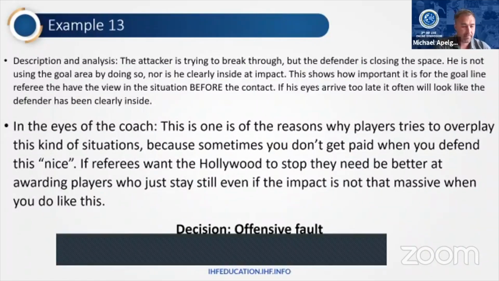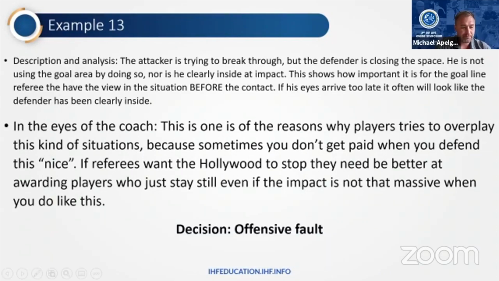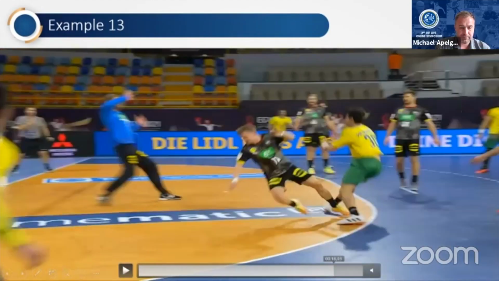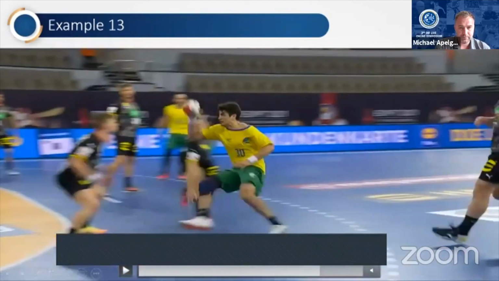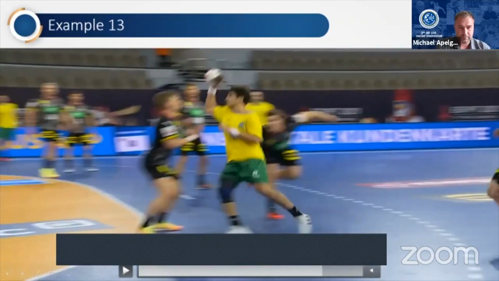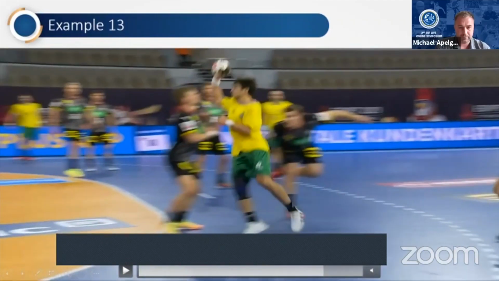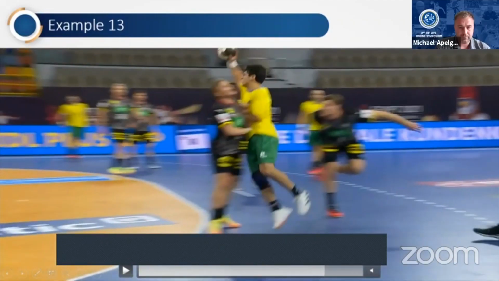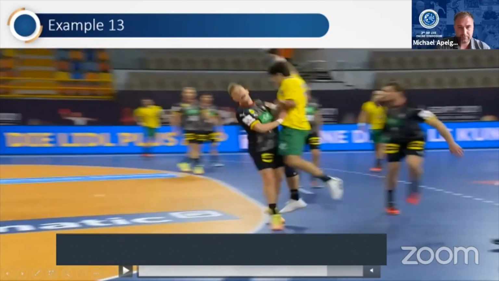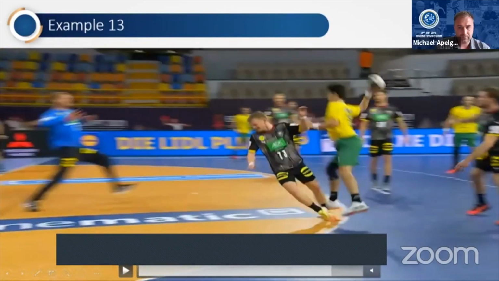It's not clearly inside at impact. It's not using the shoulder. This just shows how important it is for us from the refereeing side that we are able to see what's happening before the impact. Here, it's not clearly inside. It's not touching the goal area line at impact. It's not doing anything wrong. The attacker just jumps into him.